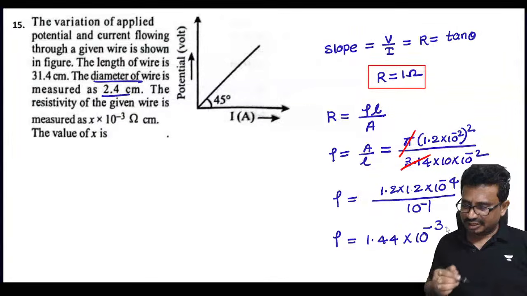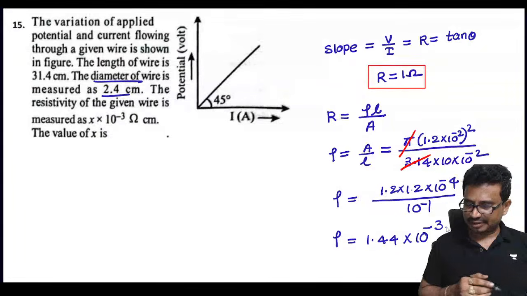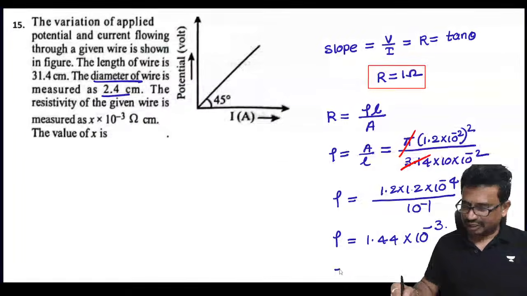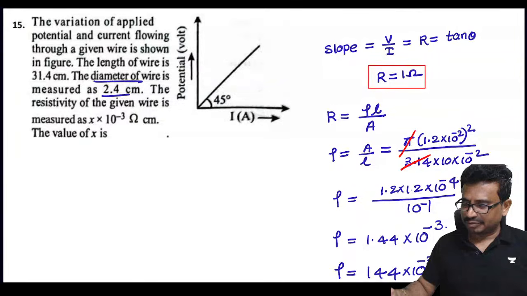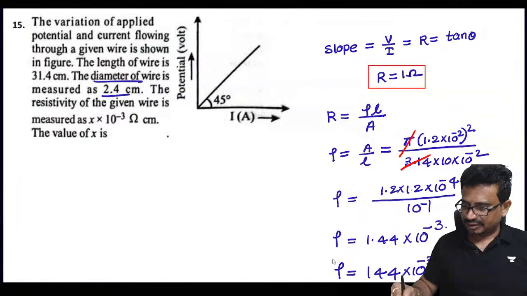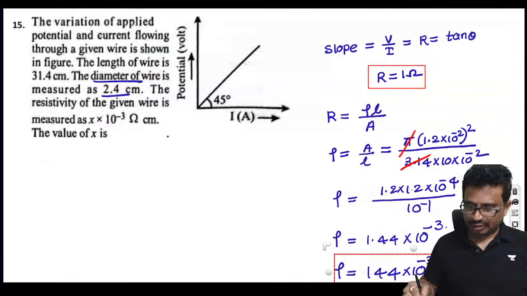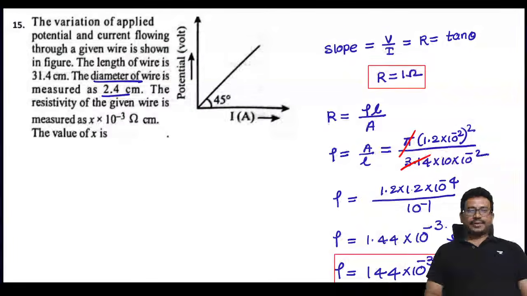But they are asking in centimeters, so we should multiply with 100. So it is 144 into 10 power minus 3 ohm centimeters. So X value is 144.